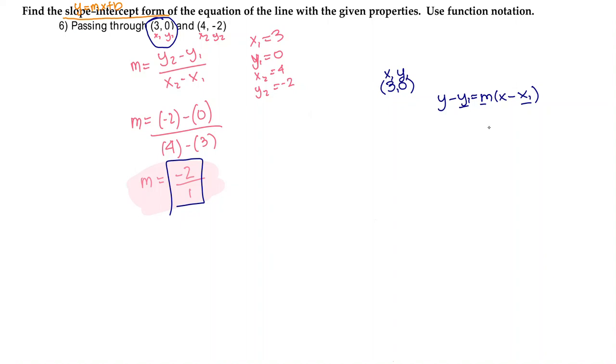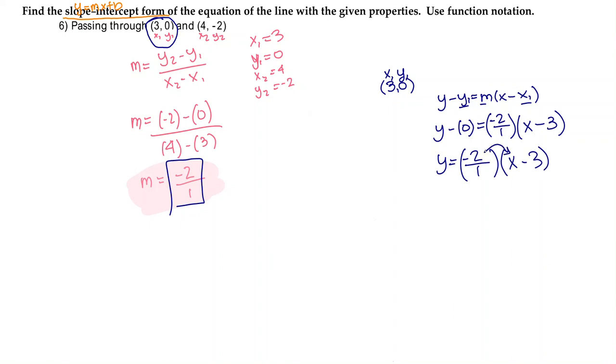So when I plug in my values into my form, I'm going to get y minus 0 equals -2 over 1 times x minus 3. And when I simplify that, I get y equals -2 over 1 times x minus 3.